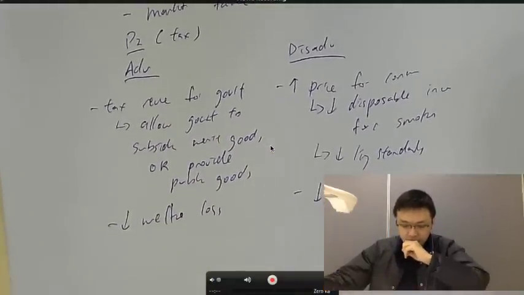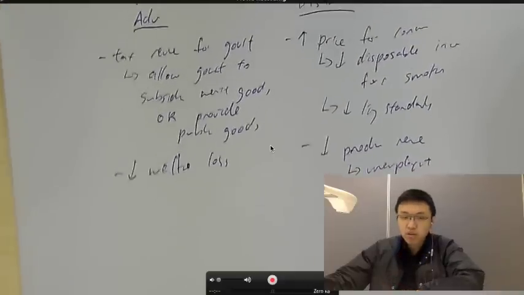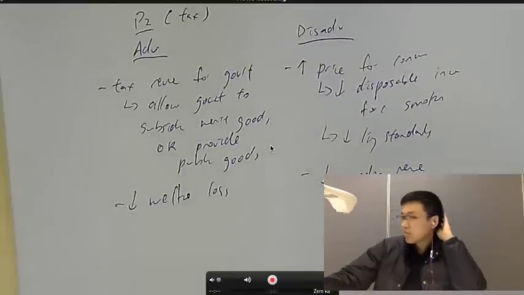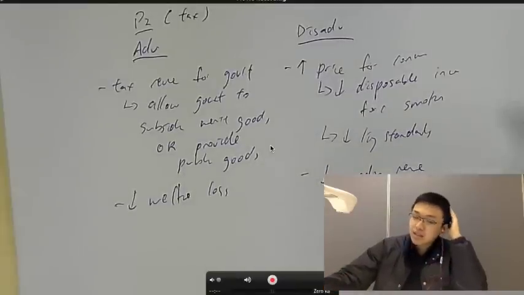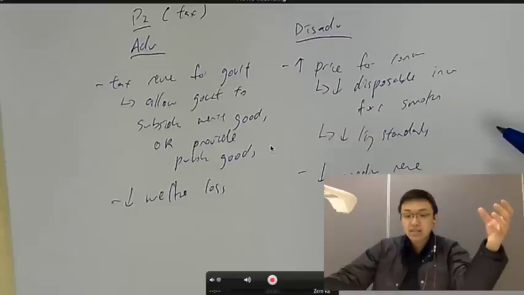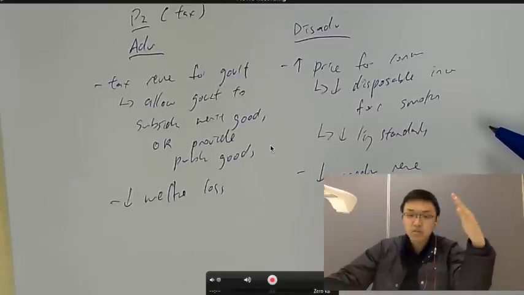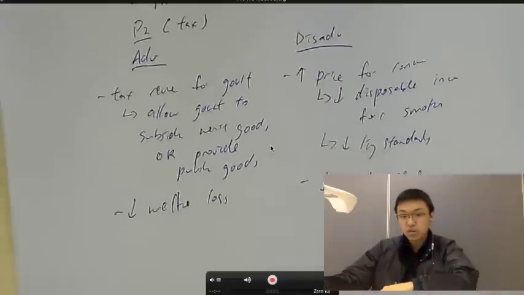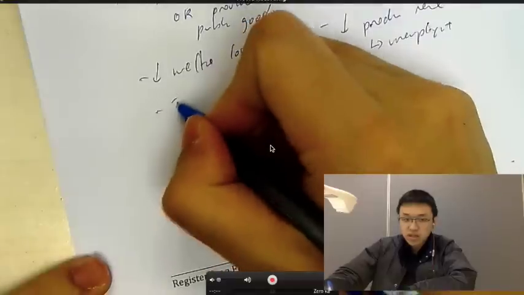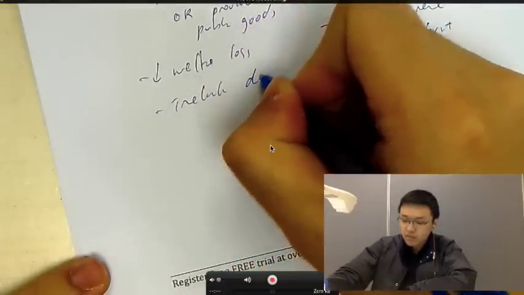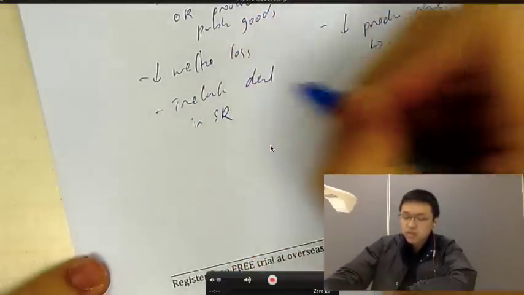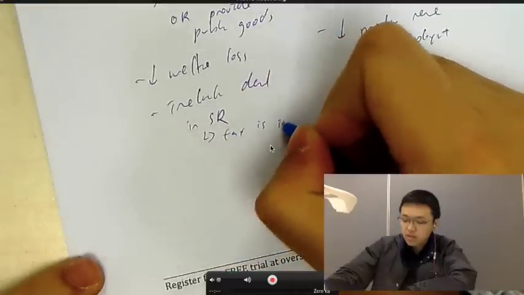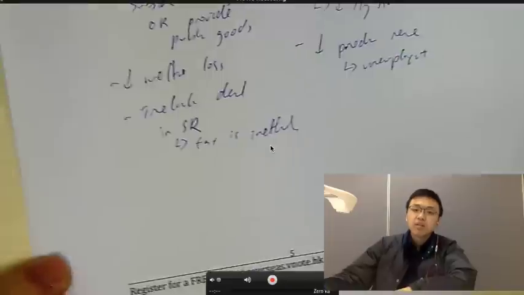Okay, so and then you look at long run, short run. One thing you want to know is that one of the main criticisms about indirect tax is that cigarettes have an inelastic demand, right? So even if the price goes up, very few smokers would stop smoking. But this is actually only for the short run, right? So inelastic demand in short run. Okay, so the tax is ineffective in reducing smoking, right?